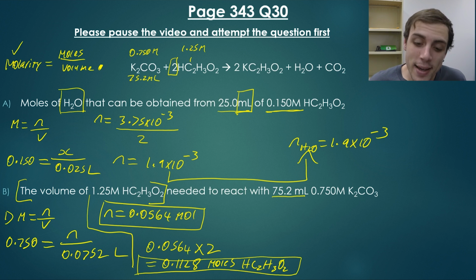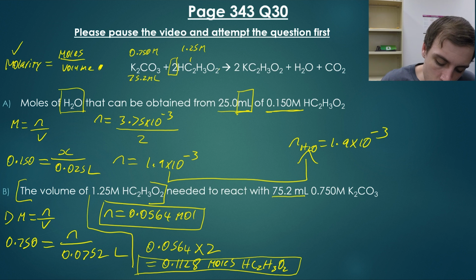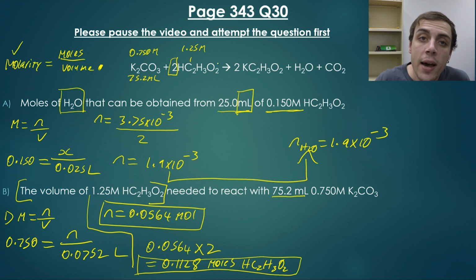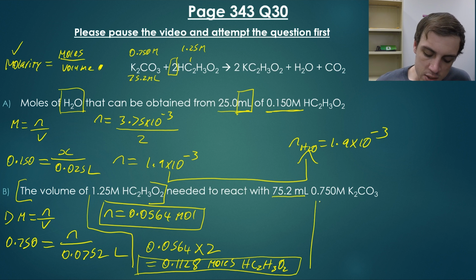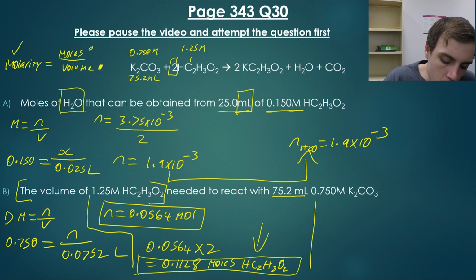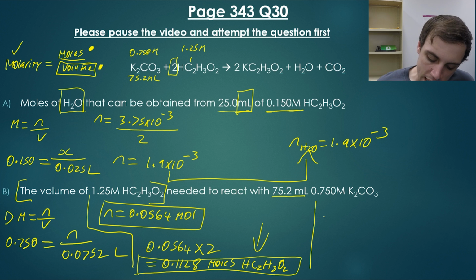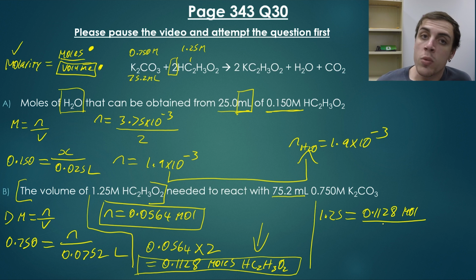Now we're getting somewhere, because now we can see what information we have. We have the molarity, which is awesome. We know that the molarity is 1.25. Down here, we have our moles. So now we can calculate our volume. Molarity, which is 1.25, is equal to the number of moles, which is 0.1128 moles, over the total volume, which we don't know.